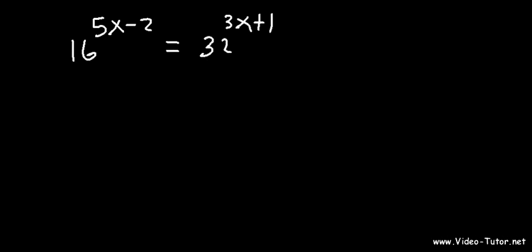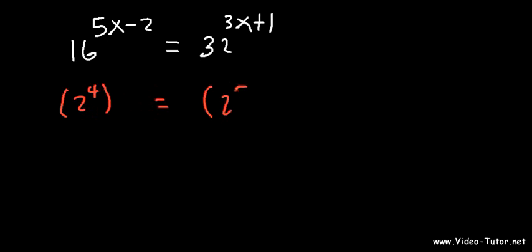So let's try one more final example. Let's say if you have 16^(5x-2) is equal to 32^(3x+1). So pause the video, give this problem a shot. Try it and see if you can get the answer. So 2 to the fourth power is 16.